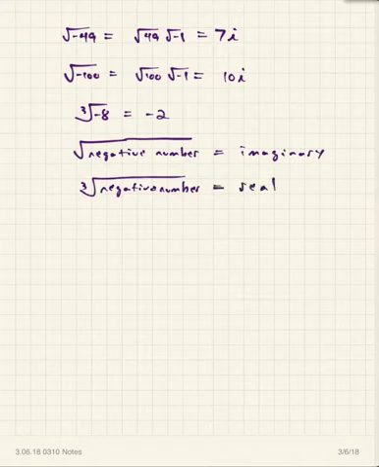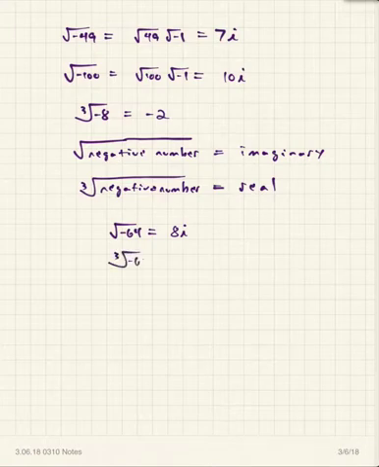So the square root of negative 64 is 8i. The square root of a negative number is imaginary. The cube root of negative 64 is just negative 4. It's a real number. So don't get square roots and cube roots confused here. That's common to do, so that's why I wanted to talk about that.